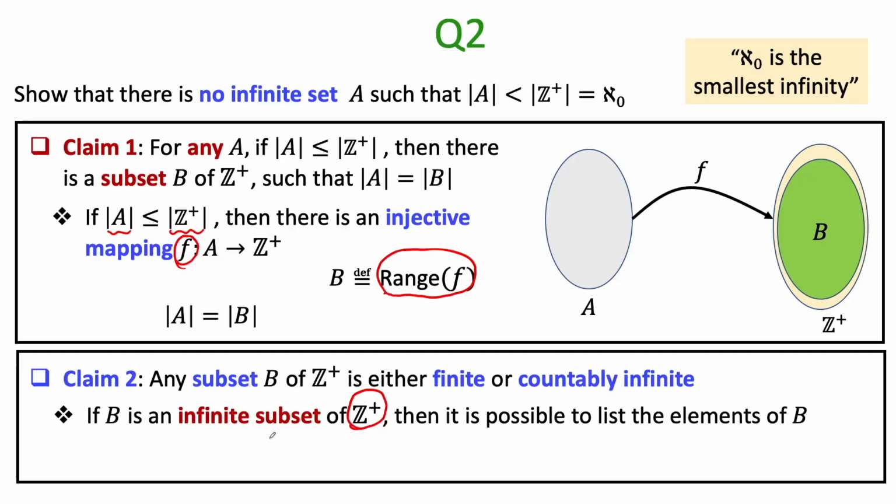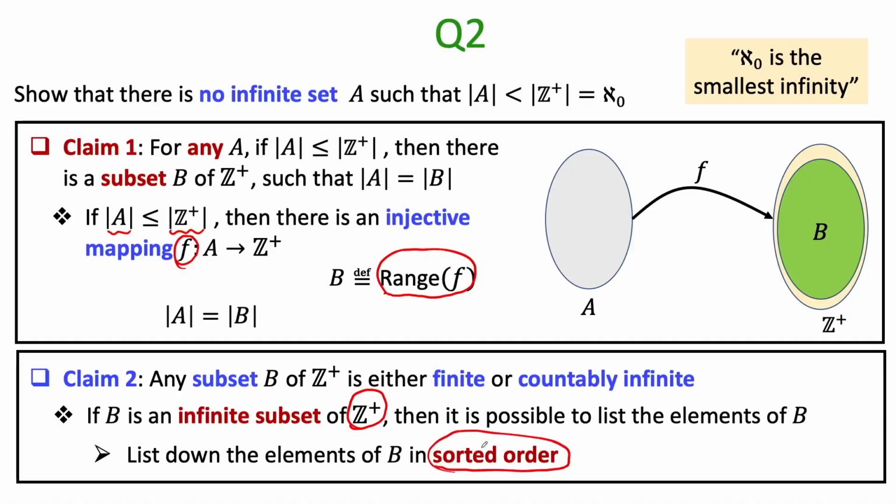And B is a subset of Z plus. That means I can always say that it is possible to list down the elements of B. Why? You just list down the elements of B in sorted order. That's all. Because B is a subset of Z plus and it's always possible to list down all the elements of Z plus.